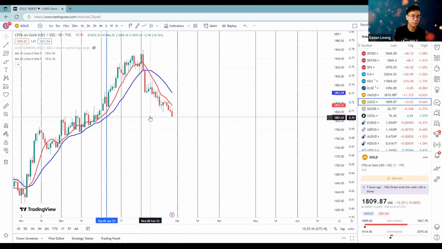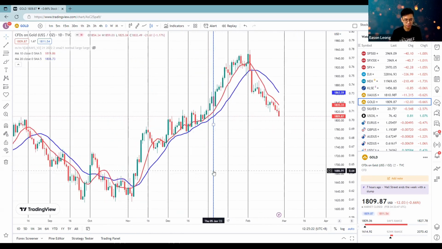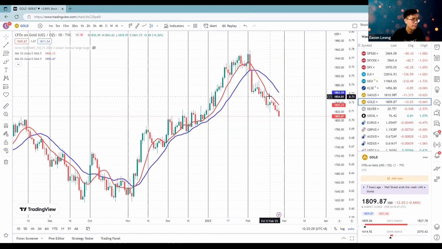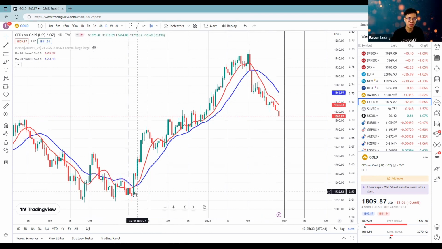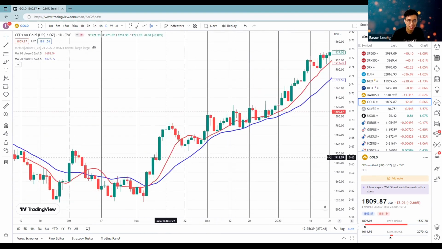Now, the most basic way that people trade is that they will just buy when it crosses up, and sell when it crosses down. The most basic one. But there is a problem. You can see that if it crosses up, you buy. You can enter at the cross up, which is not here, it is here.